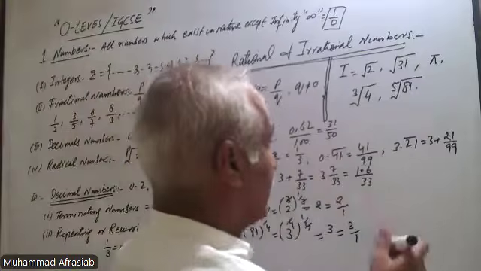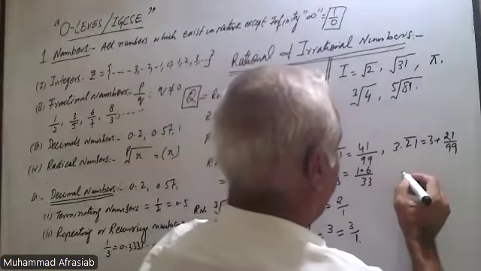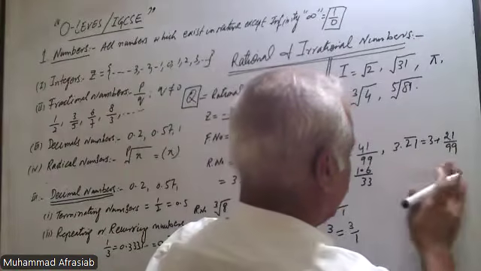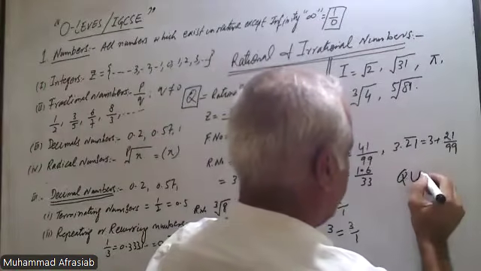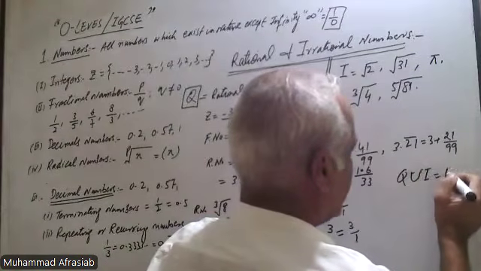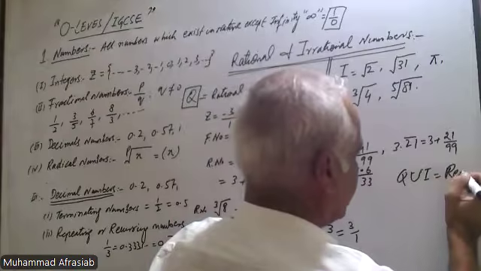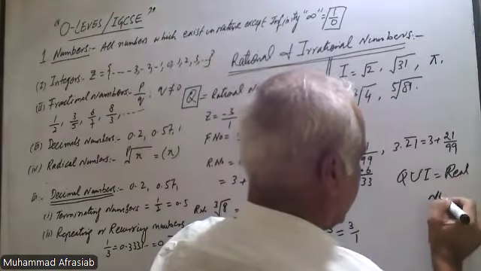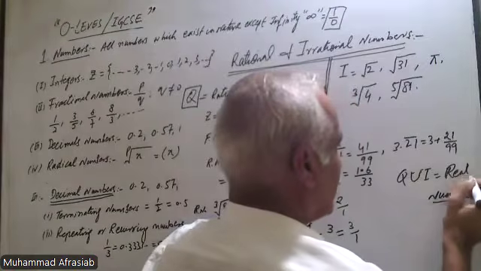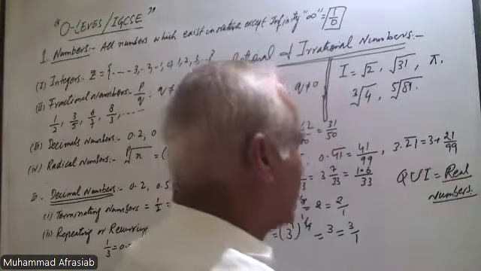And finally, the union of the rational and irrational numbers, the combination of all those numbers, is called the real numbers. Real numbers means all those numbers except infinity.